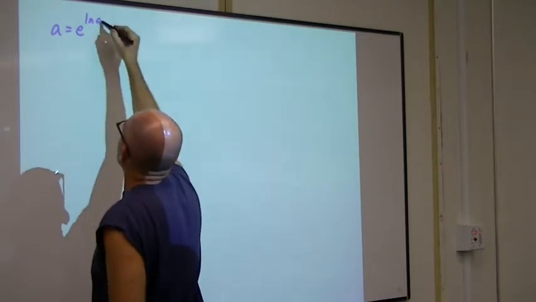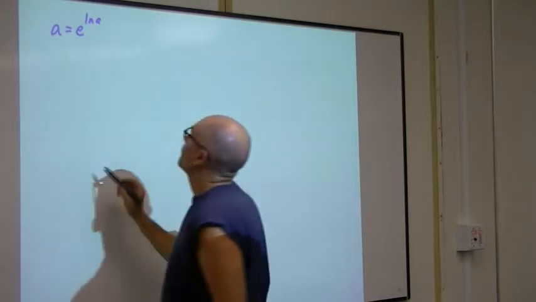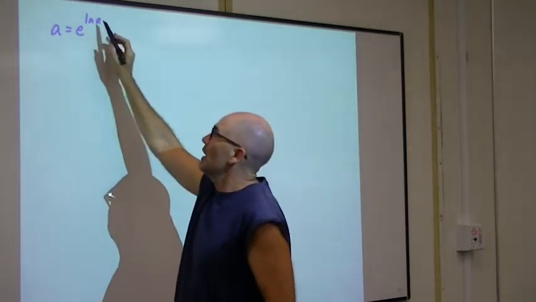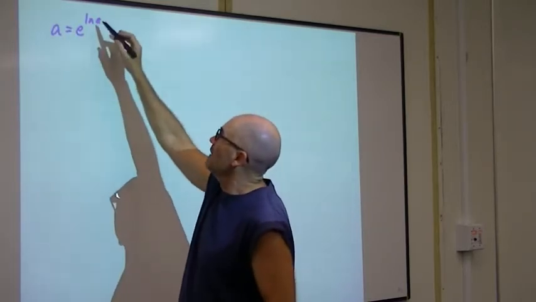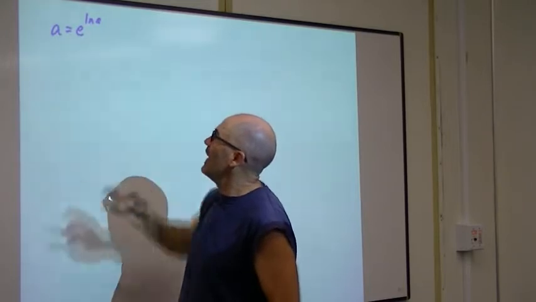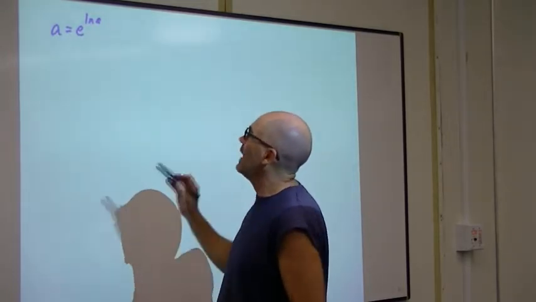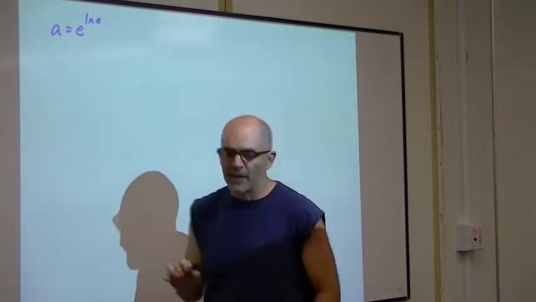Now we know this is true because the exponential and the logarithm are inverses of each other. So e to the natural log of anything equals that thing. Okay, so a equals e to the natural log of a.